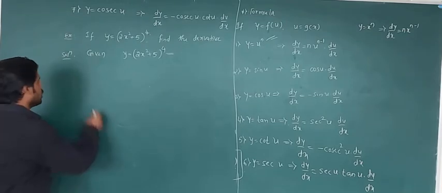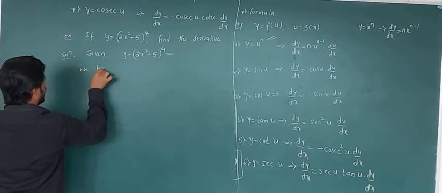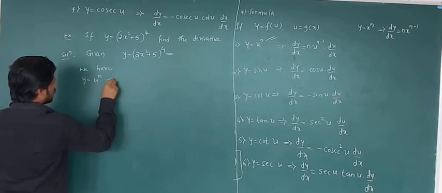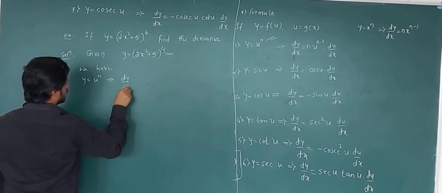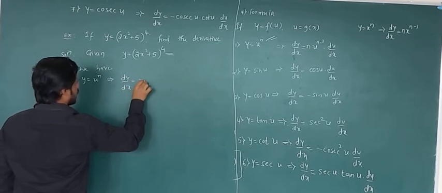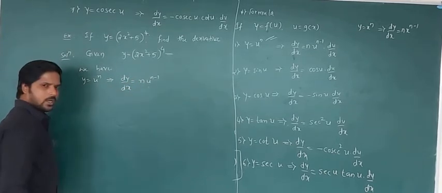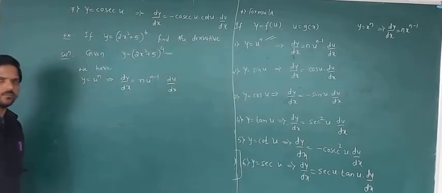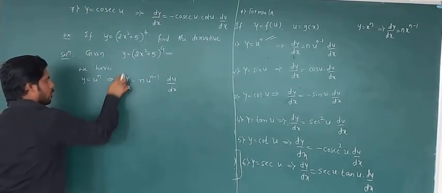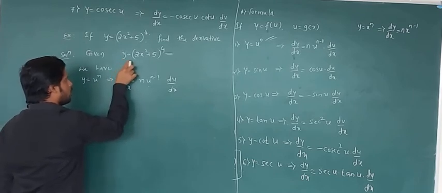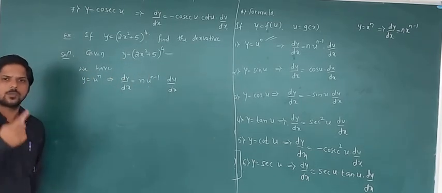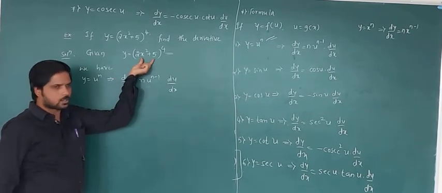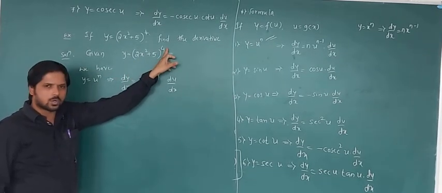We have y equal to u to the power n, that is derivative of this function is dy by dx equal to n into u to the power n minus 1 into du by dx. Comparing these two equations, y equal to u to the power n, y equal to 2x square plus 5 whole to the power 4, we have u equal to 2x square plus 5 and n equal to 4.